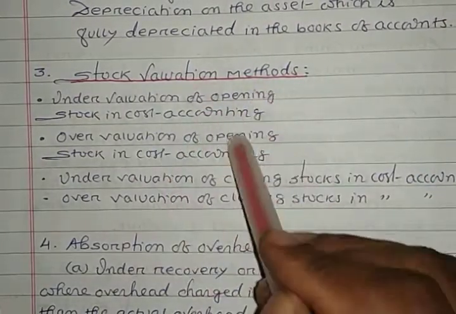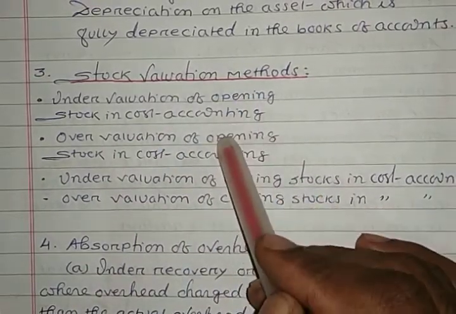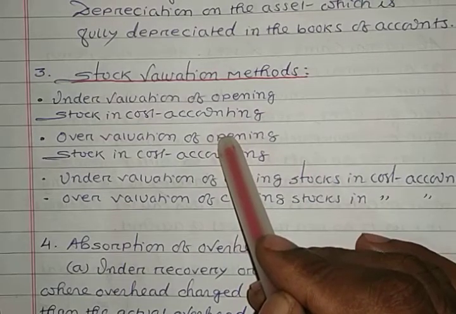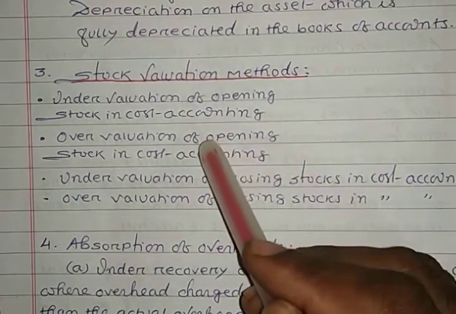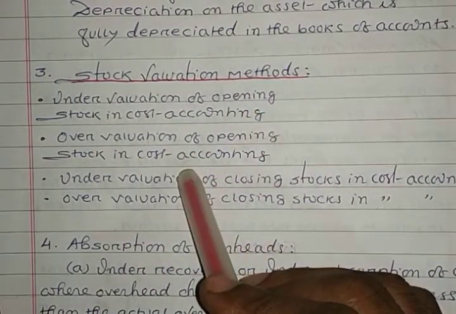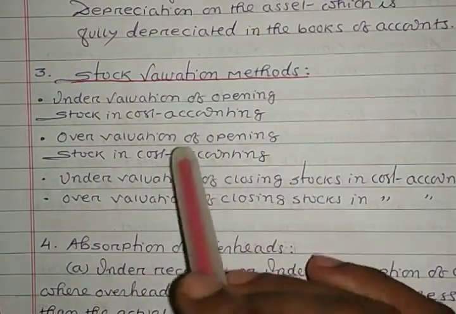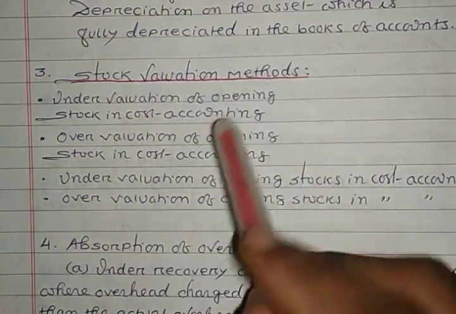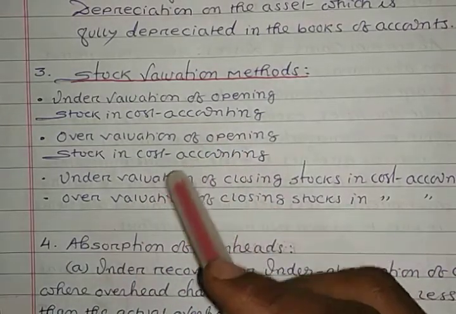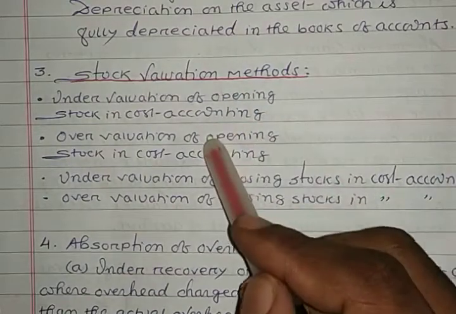Whereas in the cost accounting system, different methods of valuation are used depending upon the material issue prices, for example FIFO method, LIFO method, or average method. Work in progress is also valued by different methods in the cost accounting system, and finished goods are generally valued on the basis of total cost of production.